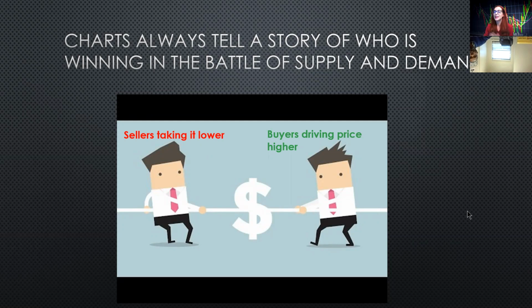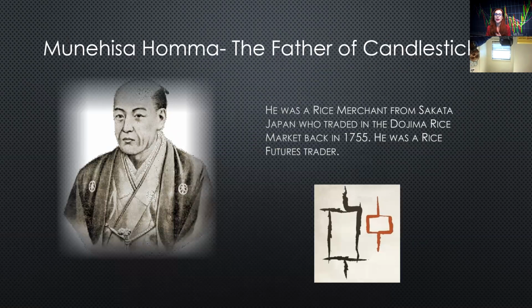Now, the number one tool to recognize this is a chart, right? And these charts nowadays are either a bar chart or the candlestick chart. Munehisa Homma is known as the father of candlesticks.